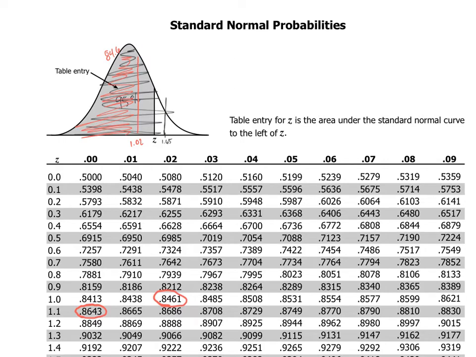But then we also have the score of 1.1 on the nose, so that's here. And why don't we use blue for that? That's right there. And we know that the amount of data that's less than that is 0.8643. So that's 86.4% of the data in here.